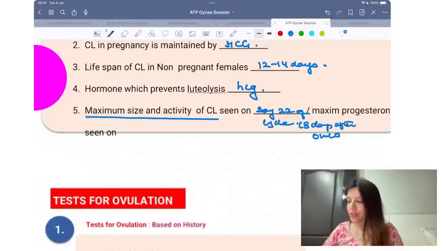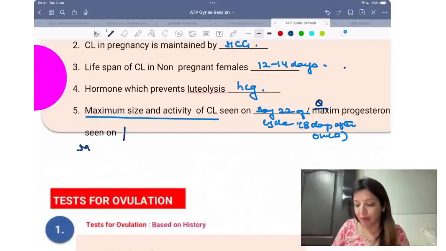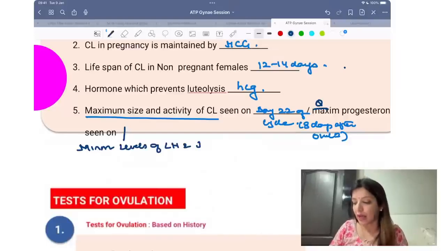So please understand, this question can be asked in 4 formats. They can ask you that during a menstrual cycle, when is the size or activity of corpus luteum maximum? Answer is 8 days after ovulation, that is day 22 of the cycle. Same question can be asked, when are the levels of progesterone maximum? Now, when the levels of progesterone are maximum, progesterone has a negative feedback on LH and FSH. So same question can be asked, when are minimum levels of LH and FSH seen in a cycle?